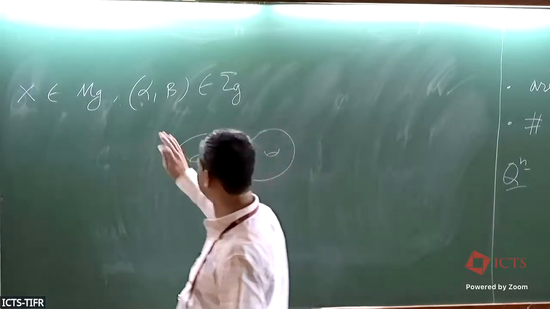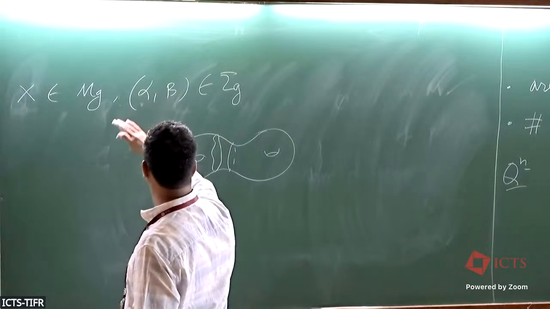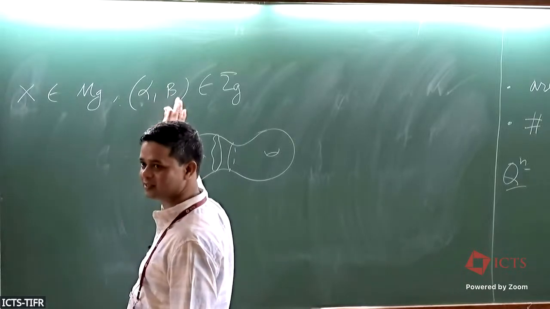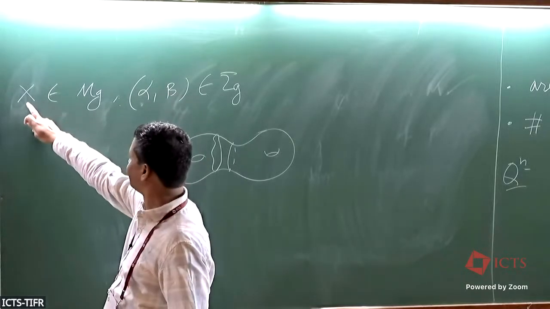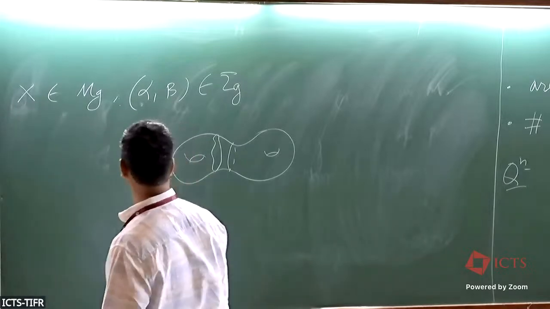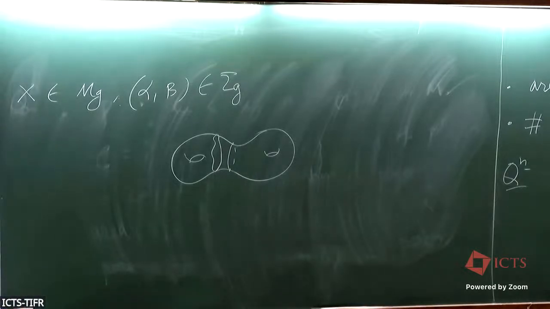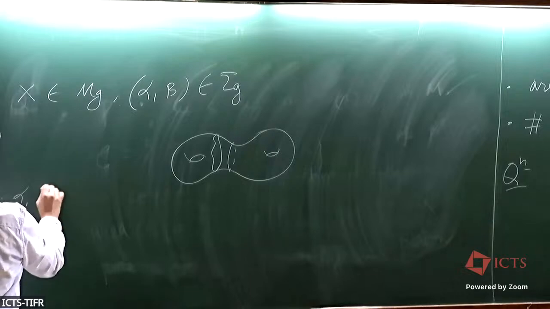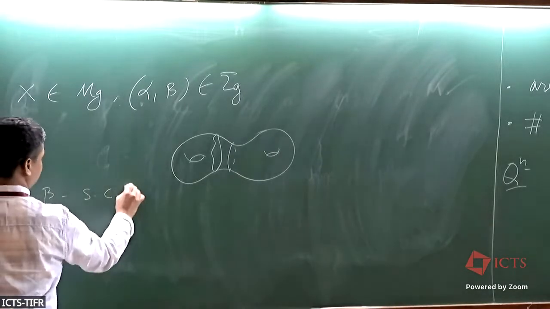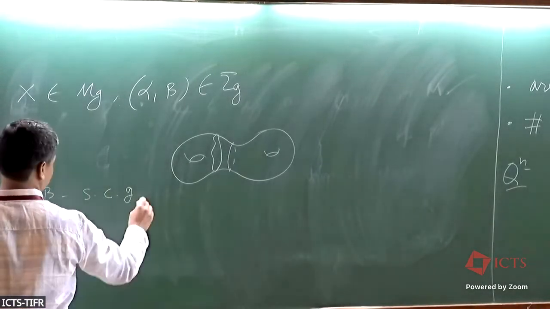So we consider alpha and beta, simple closed geodesics in X, and they fill the surface X.